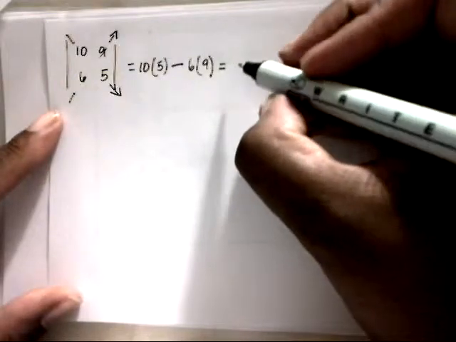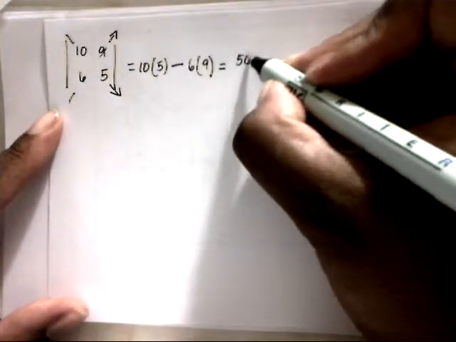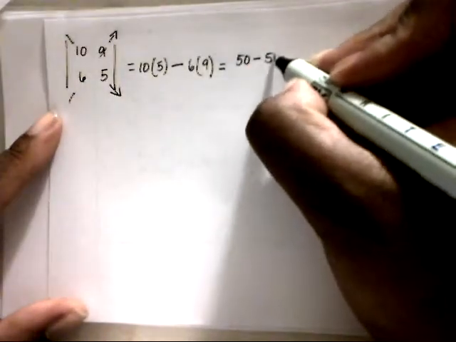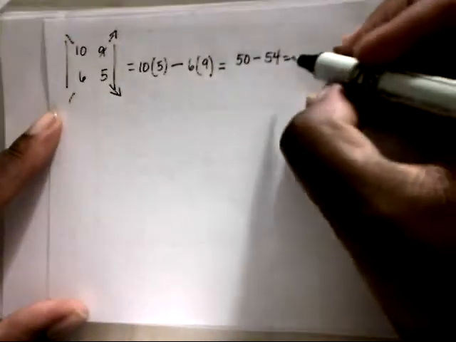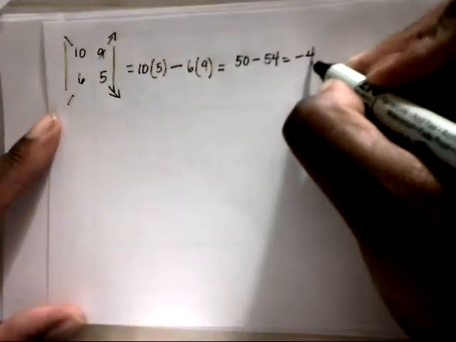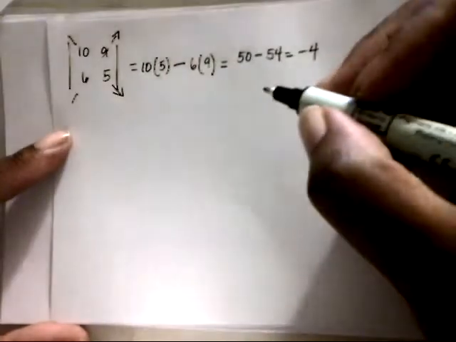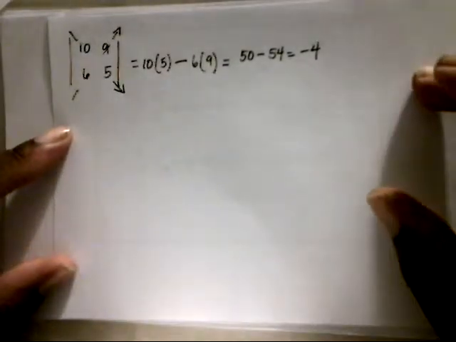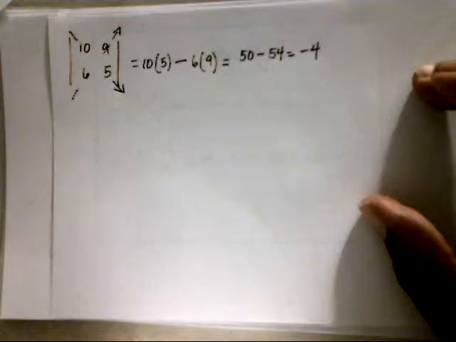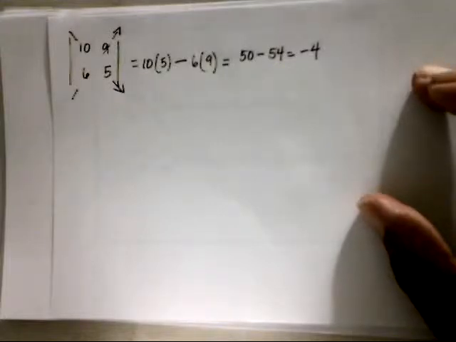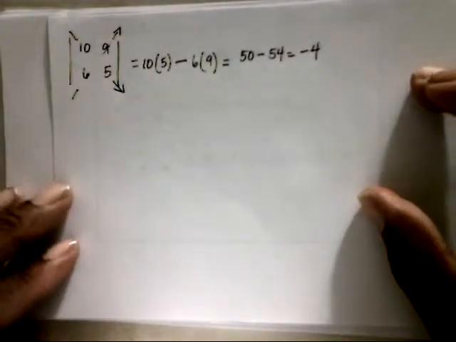If you multiply 10 times 5, that's going to give you 50, minus 6 times 9, that's 54. So 50 minus 54 will give you negative 4. So the determinant of this matrix will be 54. Negative 4, I'm sorry. The determinant here is negative 4.